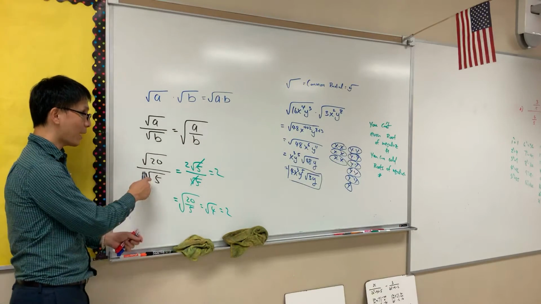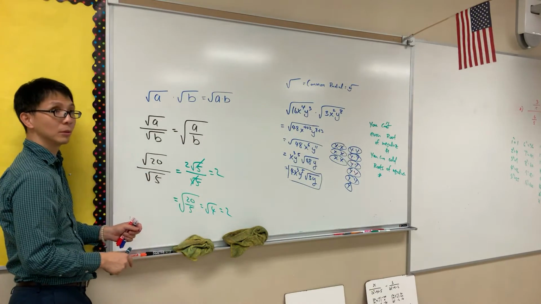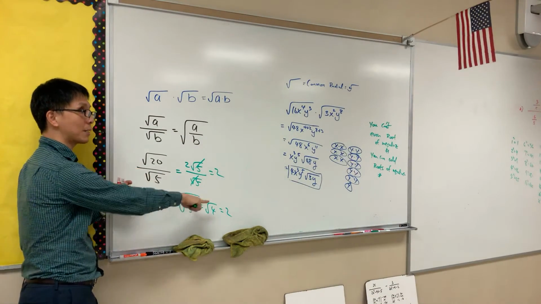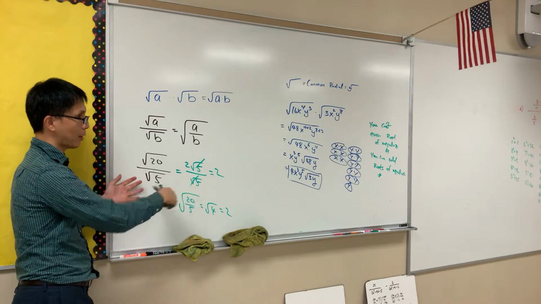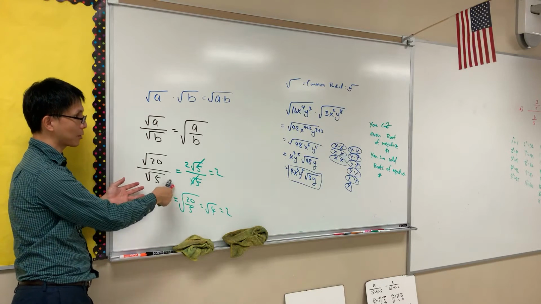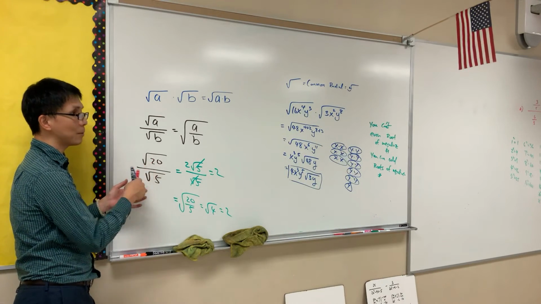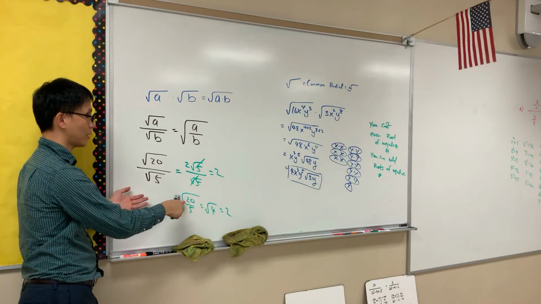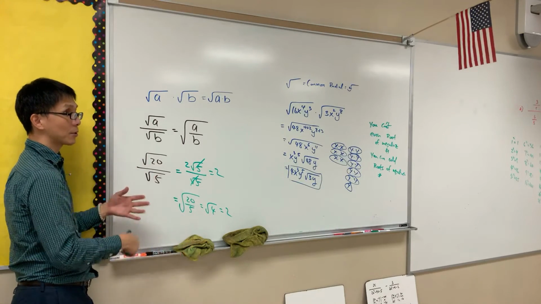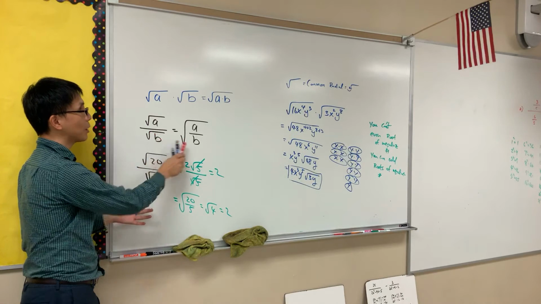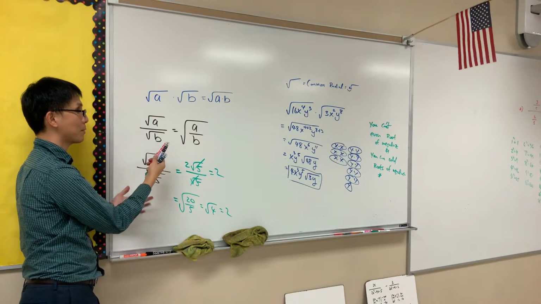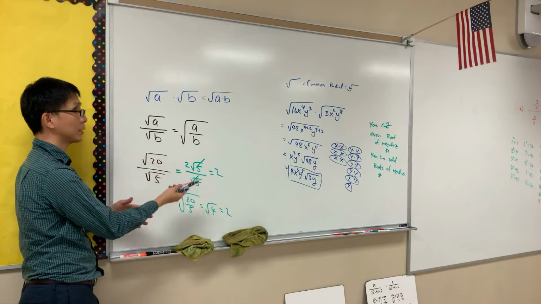So for me, I like the second route because it makes my answer much faster. Although it seems like there's more writing, it's harder to simplify square root of 20 rather than just 20 over 5 is 4, square root of 4 is 2. So depending on your preference, sometimes it's easier to do one way than the other.